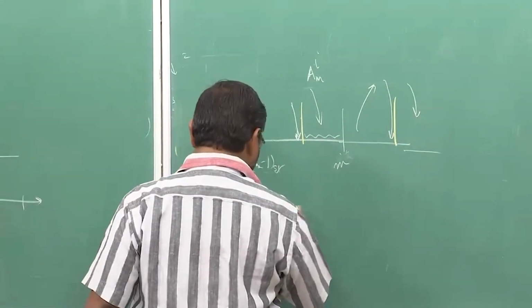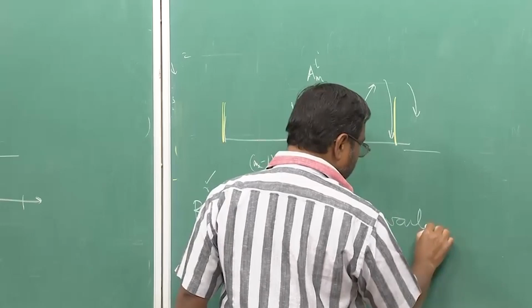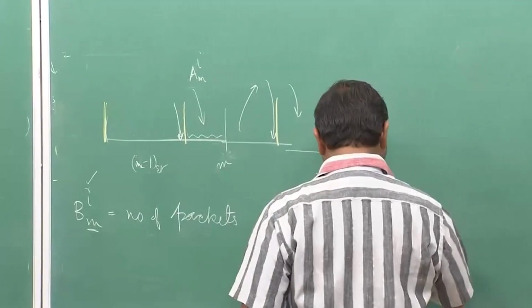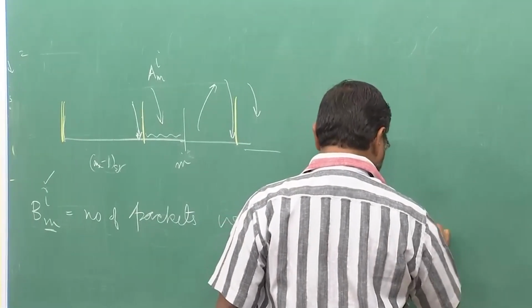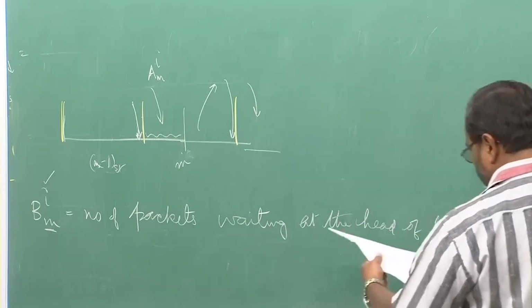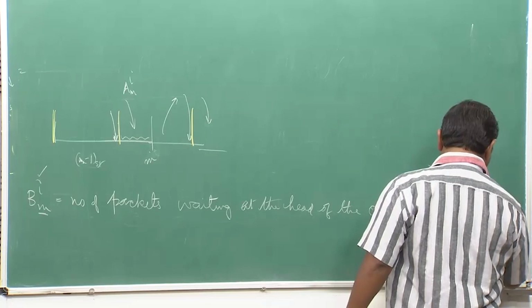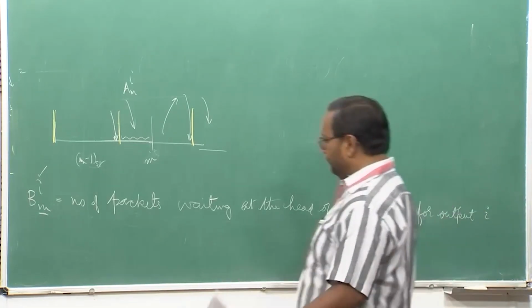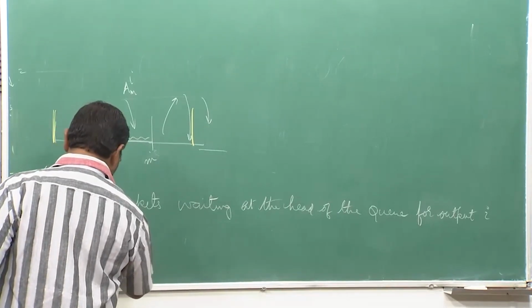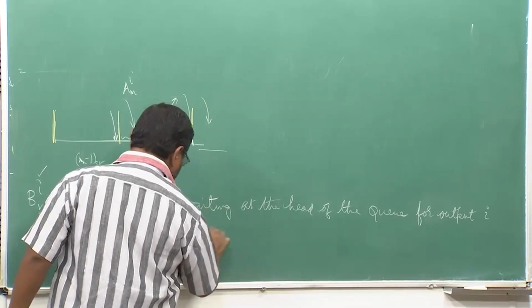So, I will write it down: number of packets waiting at the head of the queue for output i at the end of the mth time slot.